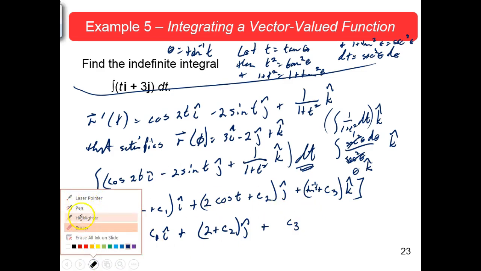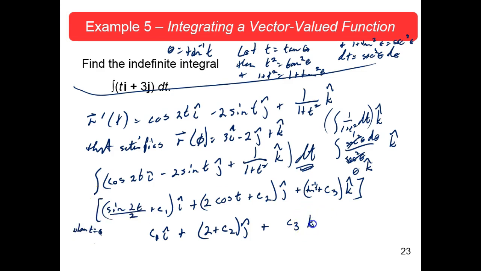C3 k. So we know that when t is equal to 0, our r of 0 should be 3i minus 2j plus k. So that means that C1 must be 3, right?